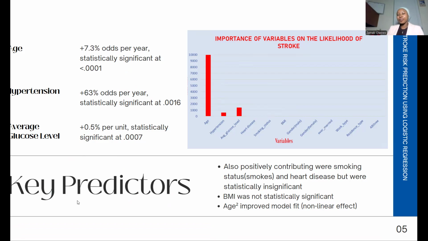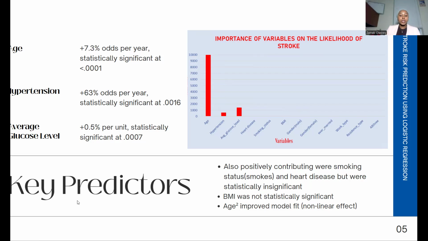That's a whole lot, I know, but that's what the finding says. Average glucose level also adds 0.5% to the risk per unit. All of these are significant at very low levels, which means they are statistically significant.